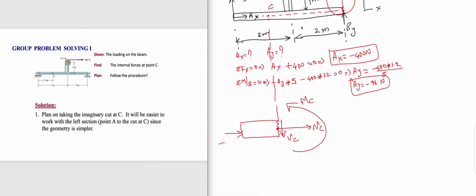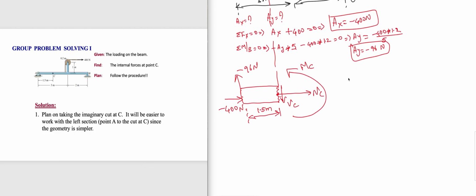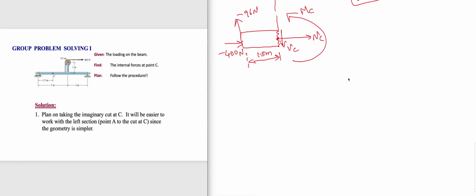According to our consideration, negative 96 Newton. That is 1.5 meter. Now my question is, how will you solve for VC, NC, MC? That's pretty much three steps.